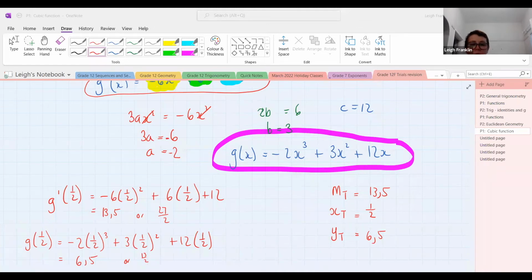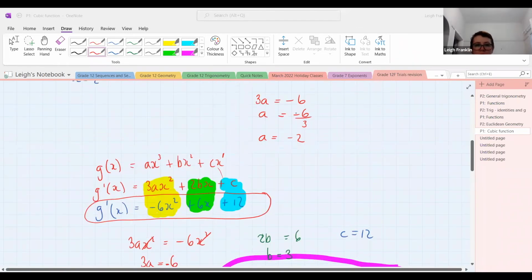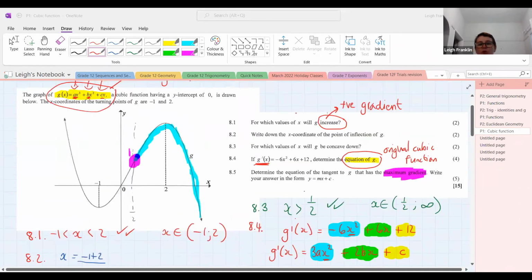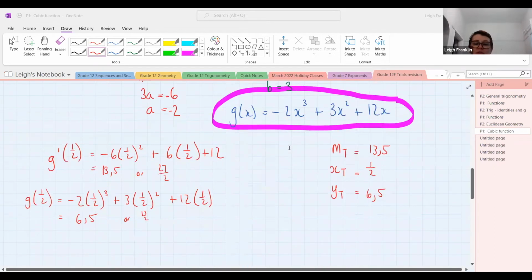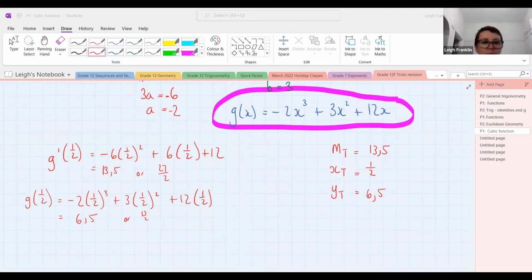All right, now, almost there with this question. They wanted us to determine the equation of the tangent. So if they're asking us to determine the equation of the tangent, what are we going to do with these 3 things? So these 3 things over here, what are we going to do with them so that we can find the equation of the tangent to the graph with a maximum gradient?